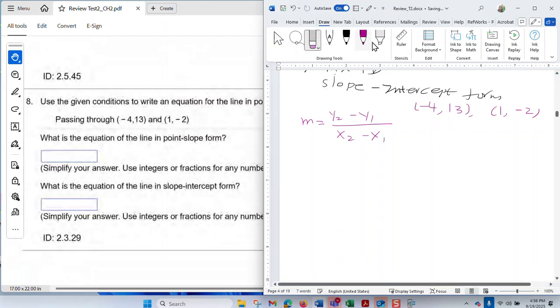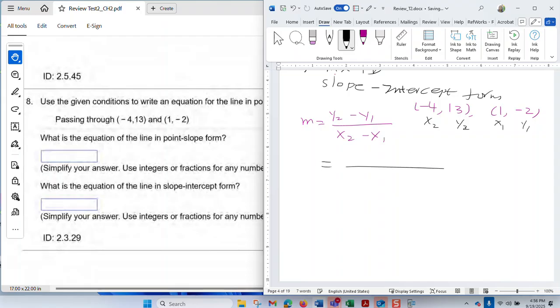I'm going to have this one as x1, y1, and this one as x2, y2. I recommend writing this down so that when you plug in, it's much easier. So y2 will be 13 minus y1, which is -2, and x2 will be -4 minus x1, which is 1.